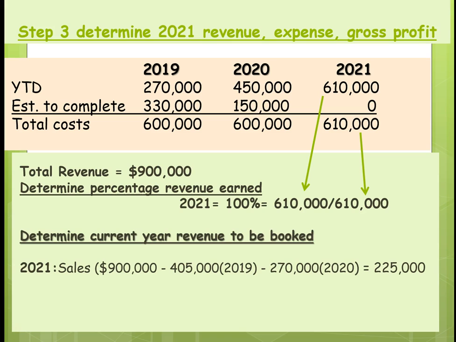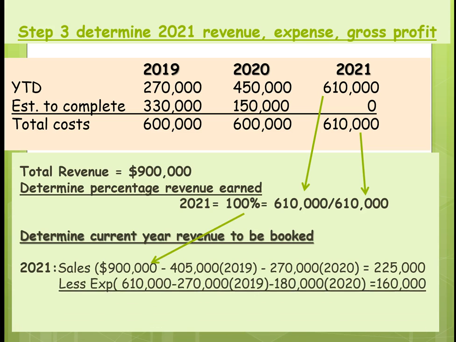For 2021, it's going to be $900,000 minus 2019 and 2020's revenue. So we're going to be able to record $225,000 in 2021, less the expense that's left over, which is the 2 prior years. And that tells you for 2021, we're going to record $65,000.